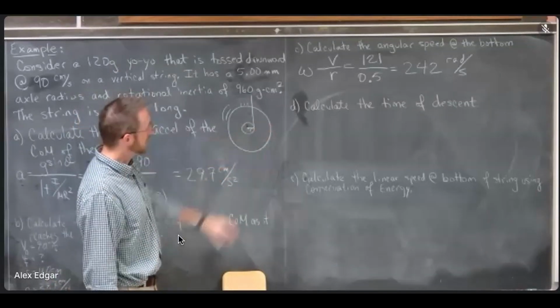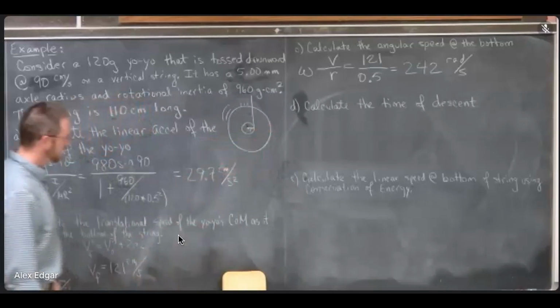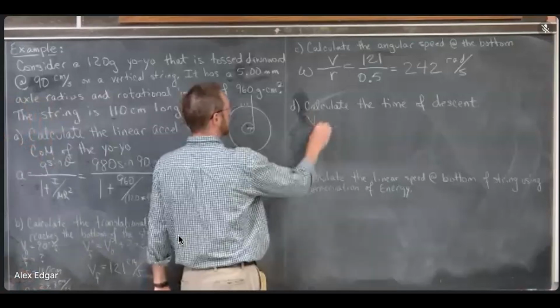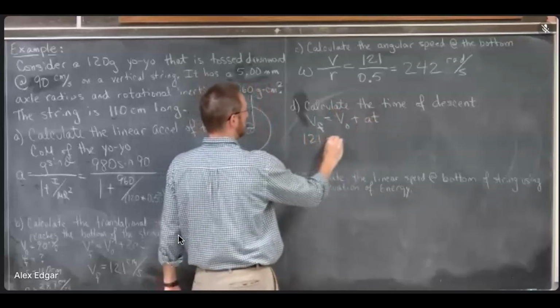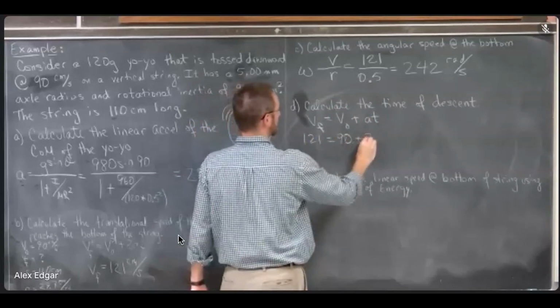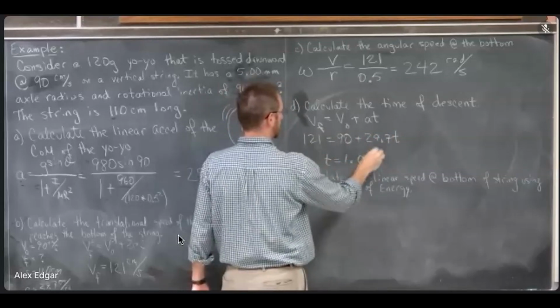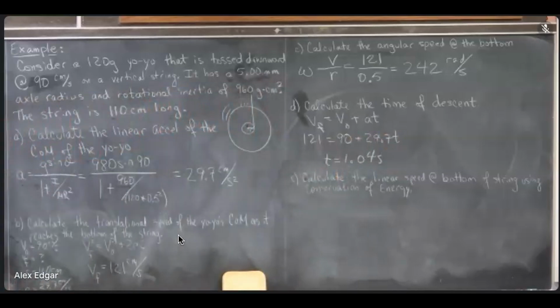All right, the other aspect of kinematics, and we can go back to our linear kinematics here to find the time. So vf equals vo plus at, 121 equals 90 plus 29.7 t. And it'll take a smidge over a second to reach the bottom of the string.